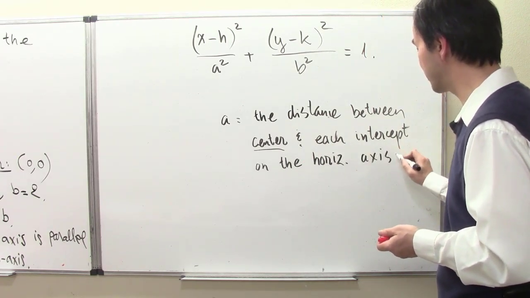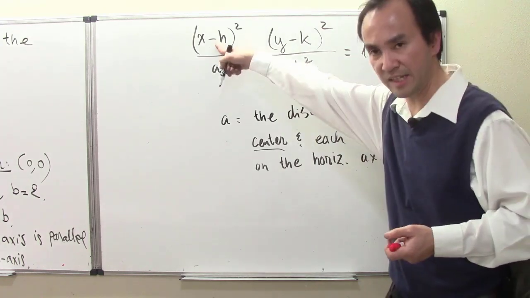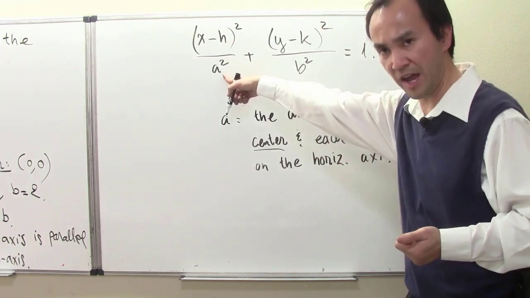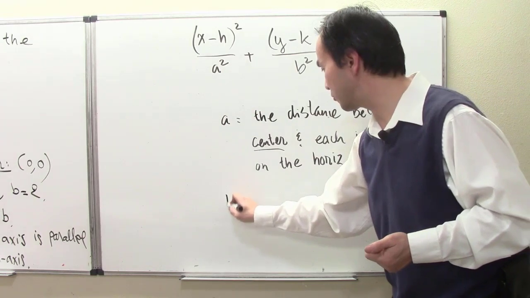The horizontal axis means the one that's parallel to the x-axis, because that's where we put a as the coefficient. And similar meaning with b right here.